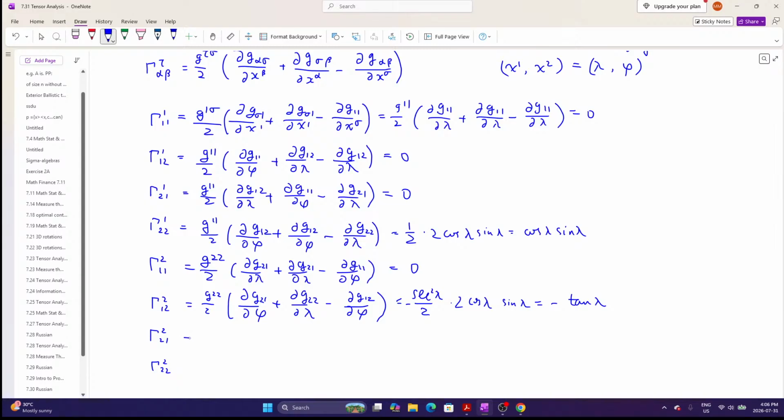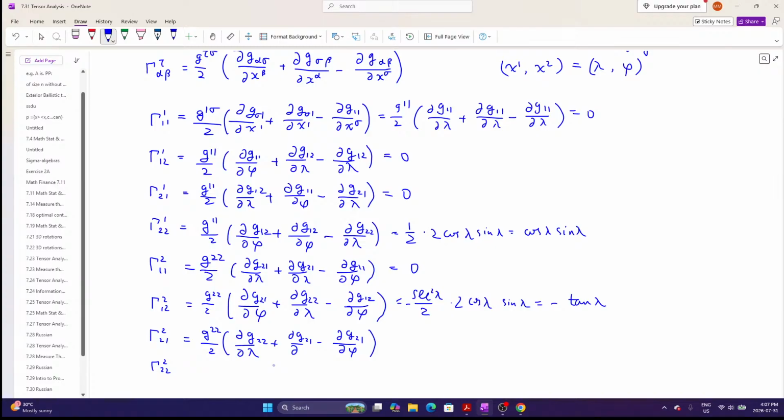Okay, next up. So this is g22 over 2 times dg over d something plus dg over d something minus dg over d something. First of all, because the summation index is 2, you have dg over d phi in the last term. And for the last term, g should be attached with a 2, 1. So 2, 2, 2, 1. The first term is dg22 over dx1, which is dg22 over d lambda.